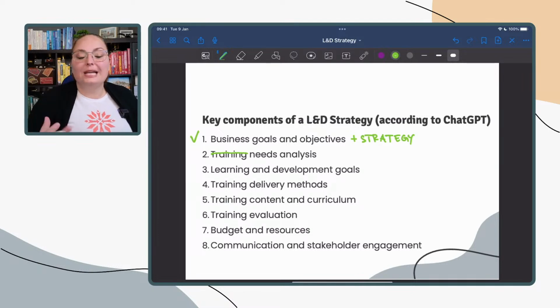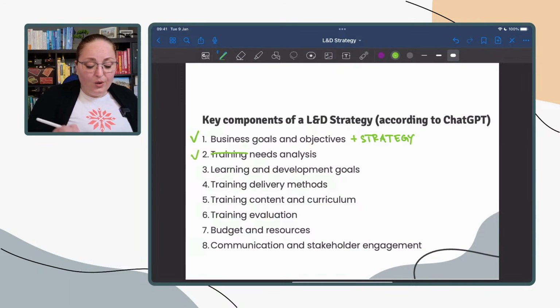Training needs analysis. Again, we go back to this, I don't want to see training. I want to see learning needs analysis, because if you're only looking for training needs, then you may potentially miss out on a lot of other opportunities or a lot of other requests from the business for learning, because we learn in many different ways, not just through training. So yes, needs analysis, let's keep it learning.